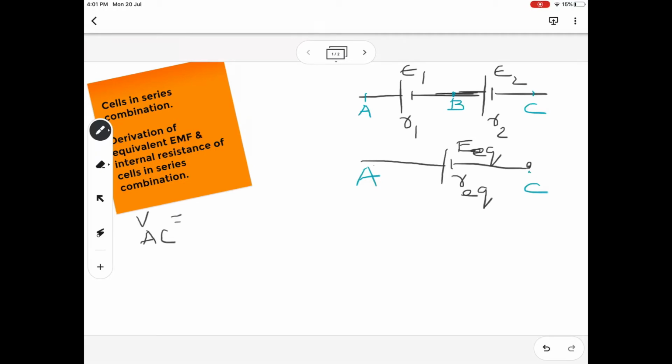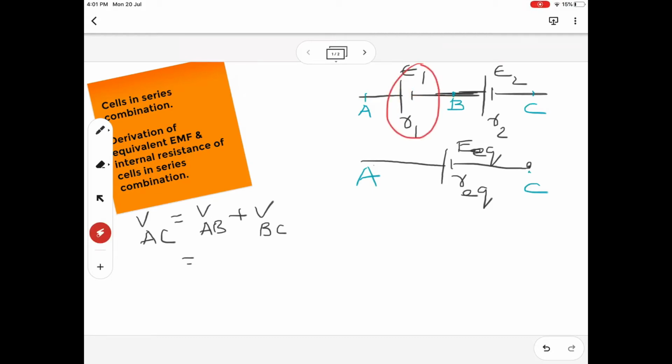We will write VAC with respect to the first figure, which can be VAB plus VBC, where VAC, VAB and VBC are the potential differences measured across the points AC, AB and BC. Now we'll substitute for the potentials VAB and VBC in terms of the corresponding cells appearing across those points.